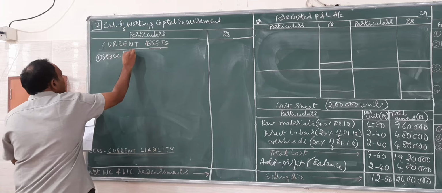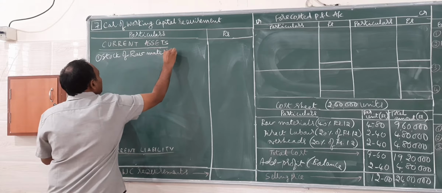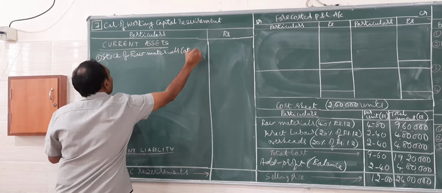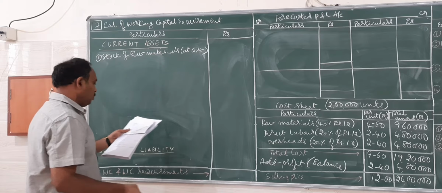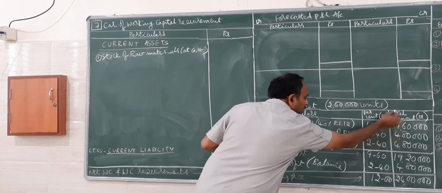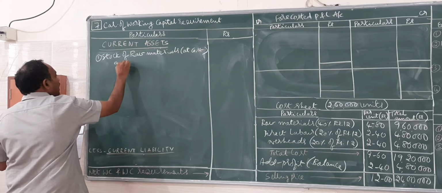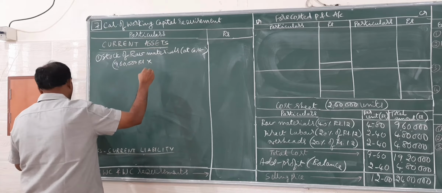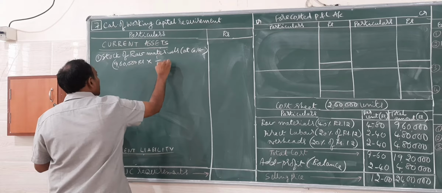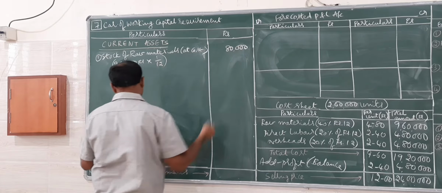So it becomes stock of raw materials, which is nothing but a current asset. For that we have to take the total raw material cost, 9,60,000 rupees, and it is for 1 month. So 1 by 12, the amount comes to 80,000.